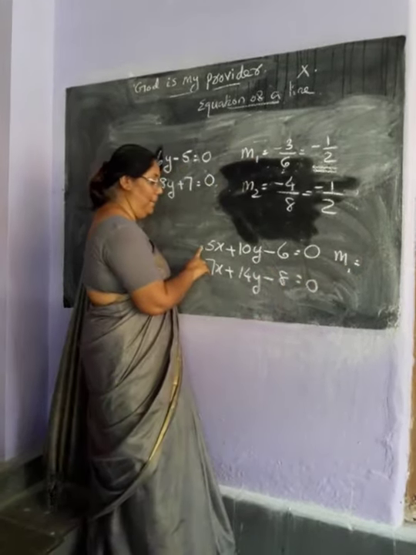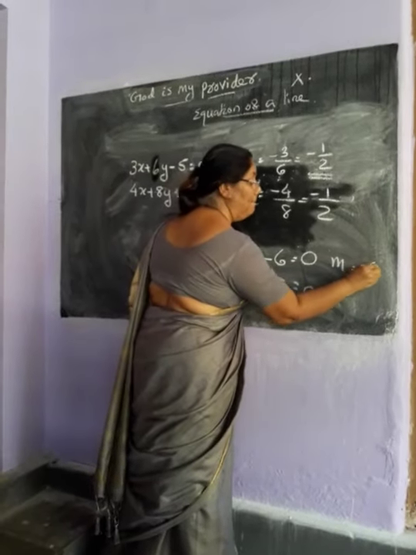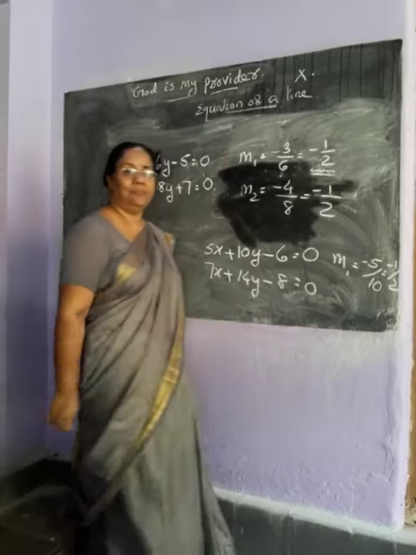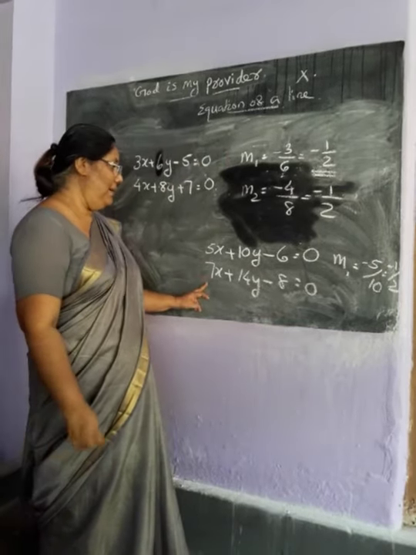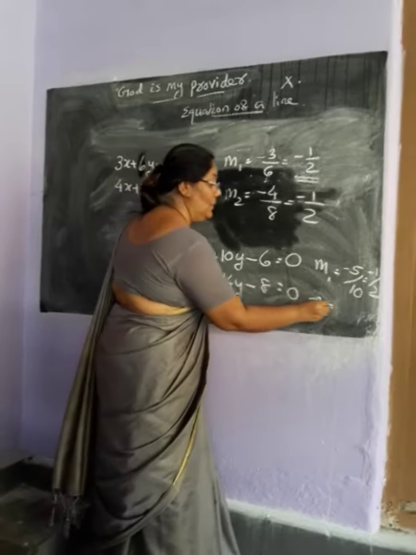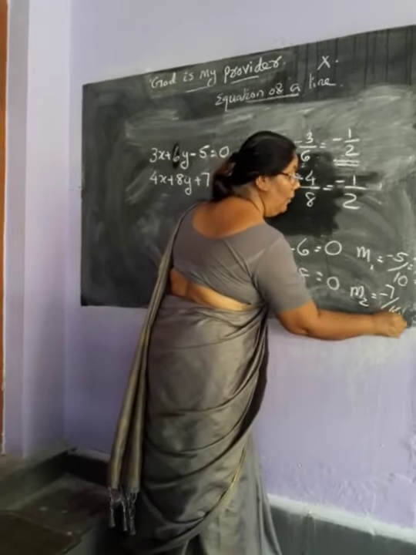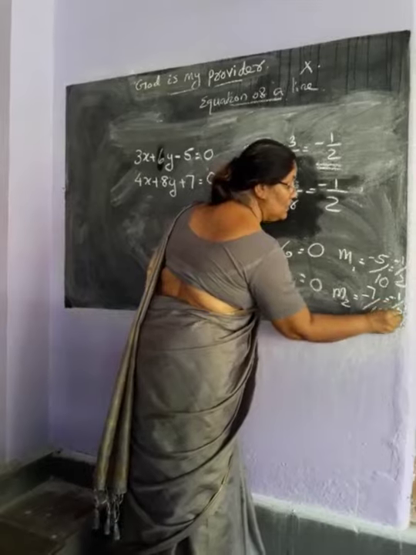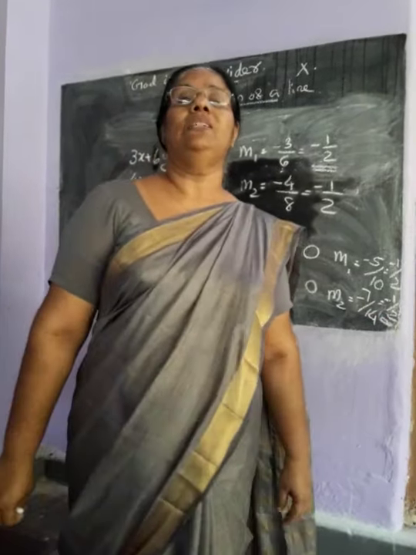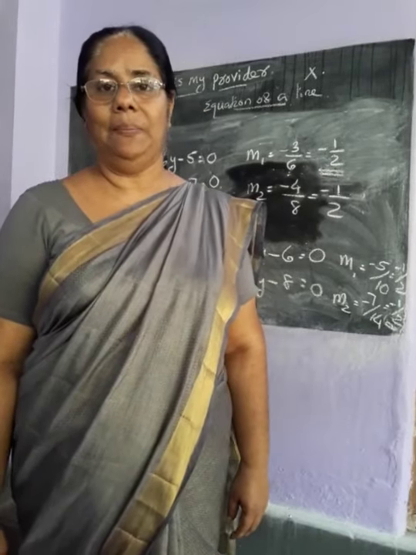Minus a by b, minus 5 by 10. What is the answer? Minus 1 by 2. Same for m2. What is m2? That is minus 7 by 14, which is also minus 1 by 2. Therefore, m1 equal to m2 means the slopes are equal.